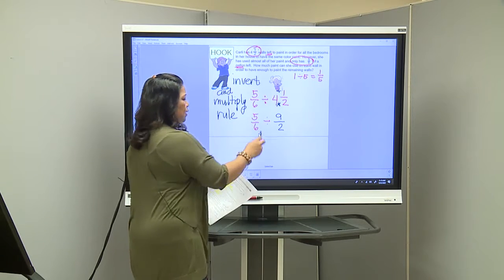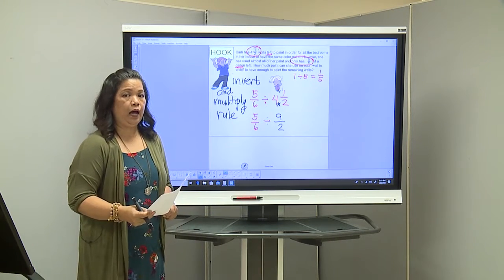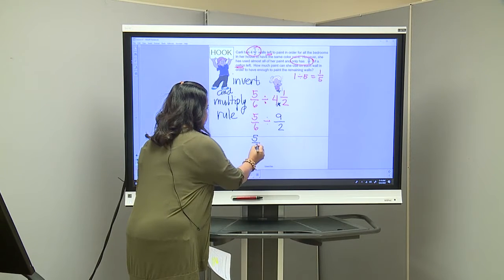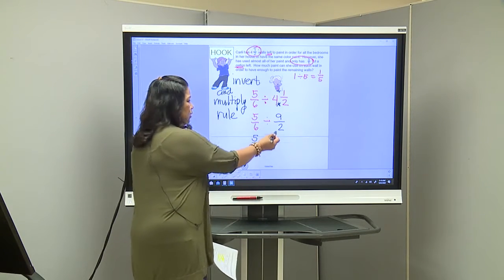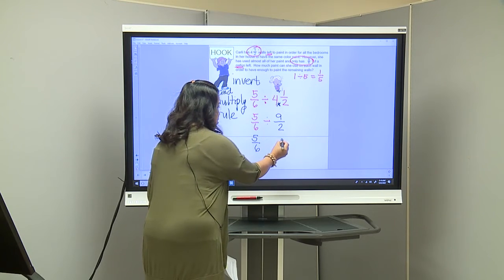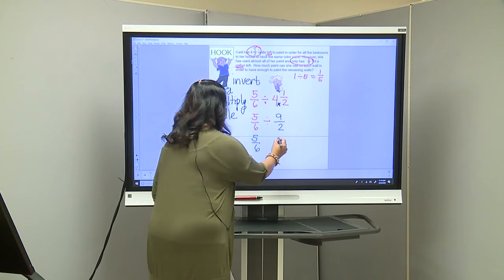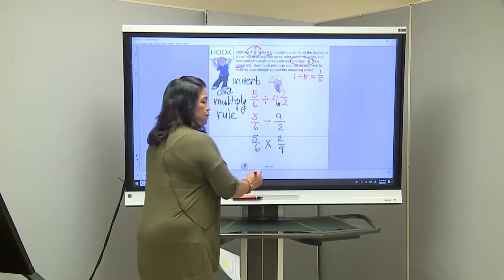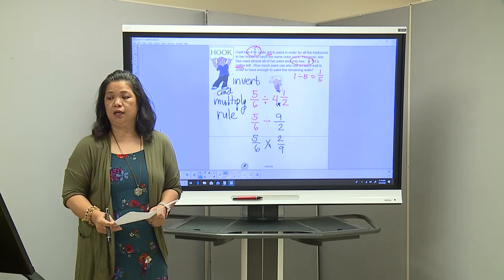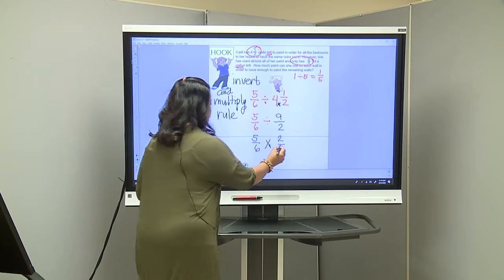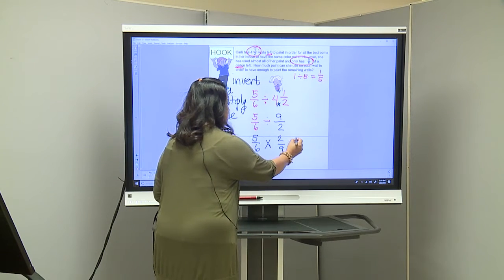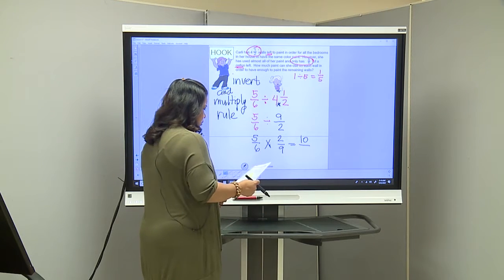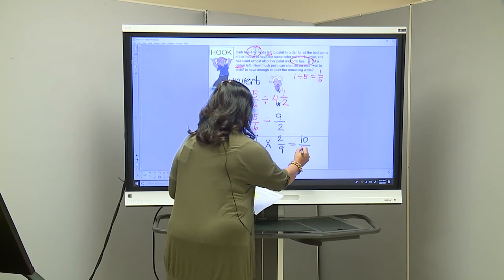Okay, so I hope you did not forget how it works. 5/6, keep that. Get the reciprocal of the second fraction. So instead of 9 halves, we now have 2 ninths. And then we multiply. That's the invert and multiply rule. So you multiply. 5 times 2 is 10. And 6 times 9 is 54.